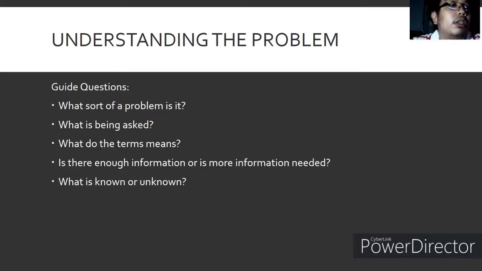What are the terms? If there are unfamiliar terms, symbols or notations, we need to unlock them. Is there enough information or more information? We need to determine if there is enough information in order for us to solve the given problem. What is known and what is unknown?